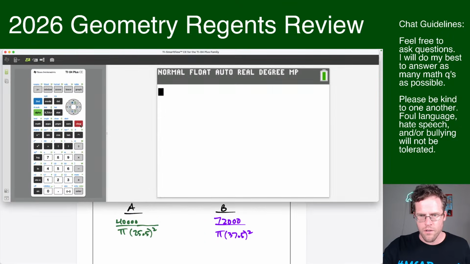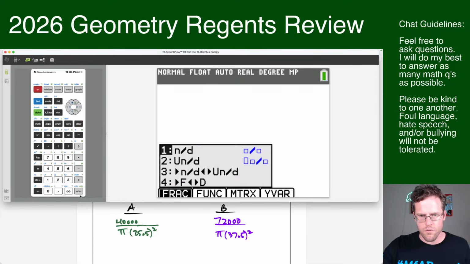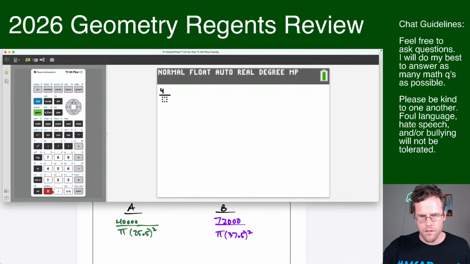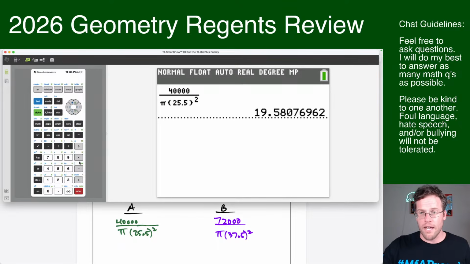All right, so alpha y equals enter. And then 40,000 divided by pi. And not cosine, I pressed the wrong button. 25.5 in parentheses squared. I want to point something out. Please, whatever you do, do not do this. I see this all the time. People go, oh, this divided by this, 25.5 squared.